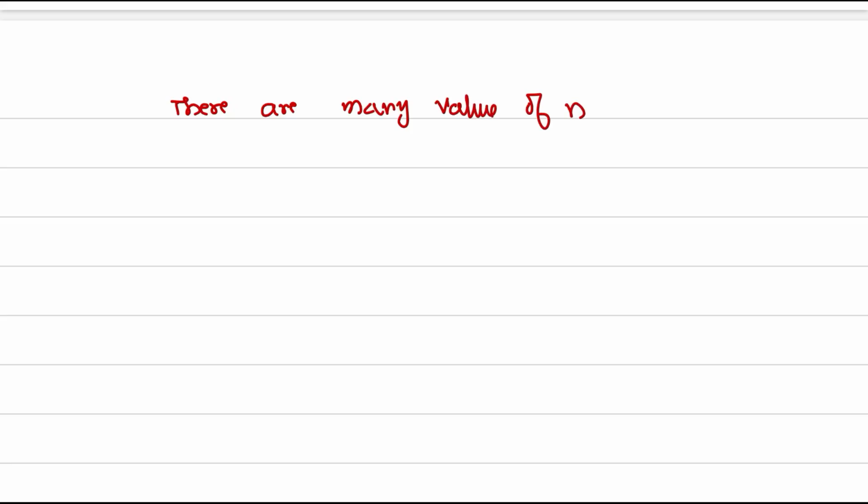Similarly, shall we take some other value of n? That you do. There are many values of n for which R1, R2 and R3 can be found out.